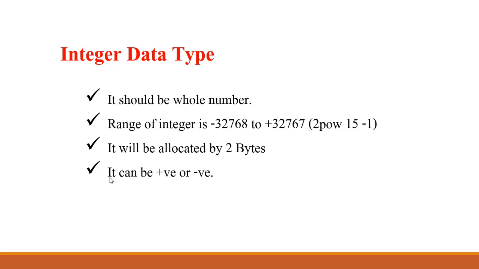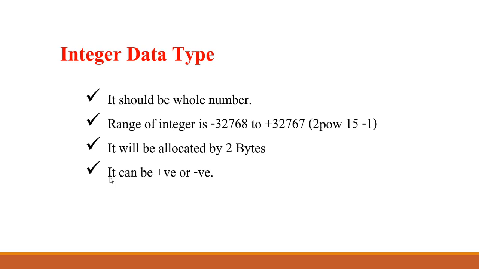That's why the integer range is minus 32,768 to plus 32,767 only. It is 32,767 because it starts from 0; including 0, you can say 32,768.